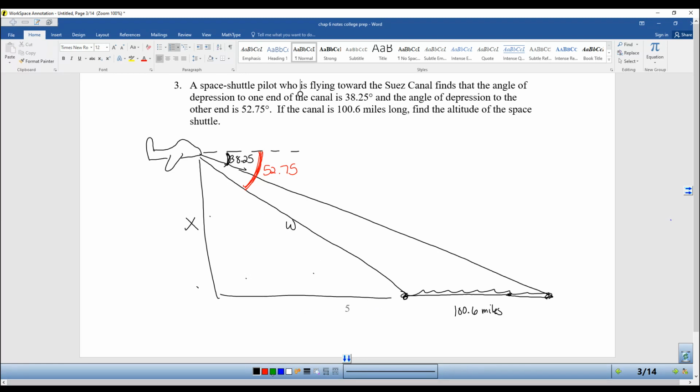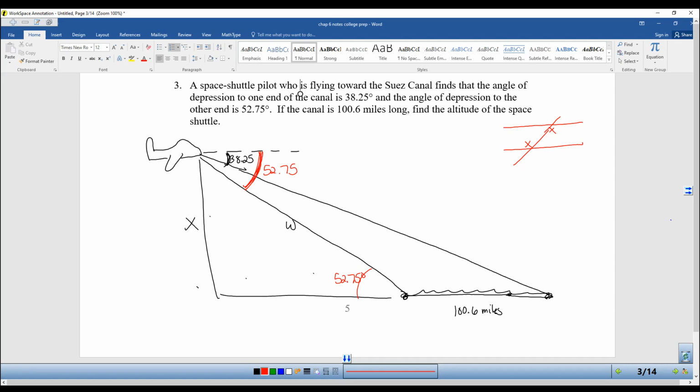Let's label some more angles. Based on if 2 parallel lines are cut by a transversal, alternate interior angles are the same. That means that if this is 52, this is also 52. Remember, alternate interior angles when two parallel lines are cut by a transversal are congruent.